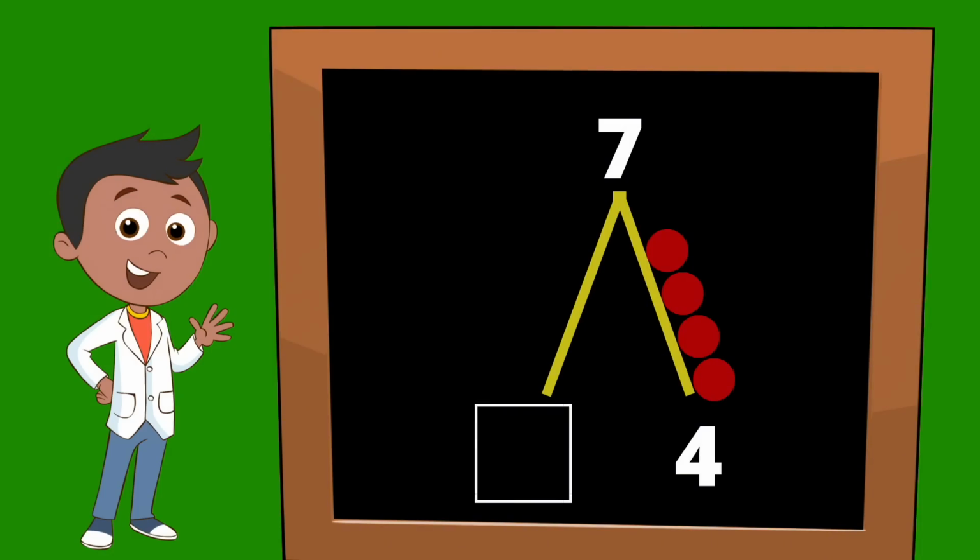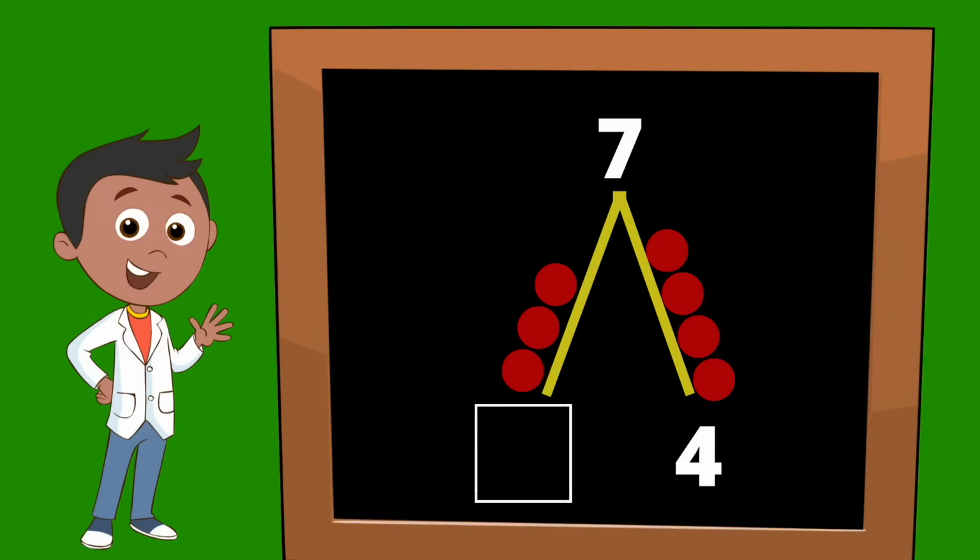We also know we need a total of how many? That's right, we need a total of 7 circles. So the rest of our circles will go on the left. Let's count on from 4 until we get to 7 circles. Starting with 4, we count on with 5, 6, 7 circles.